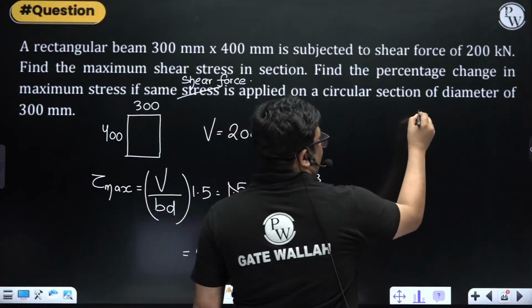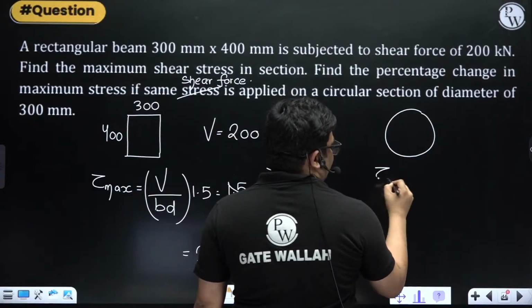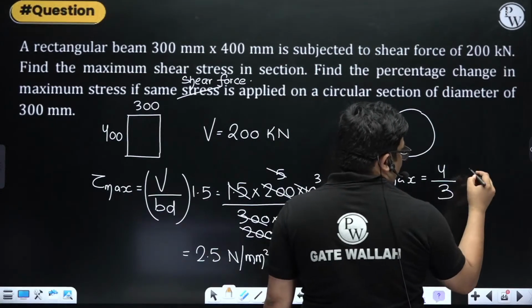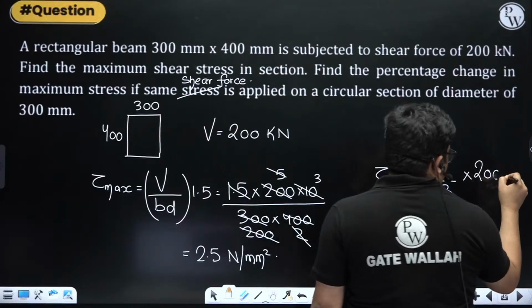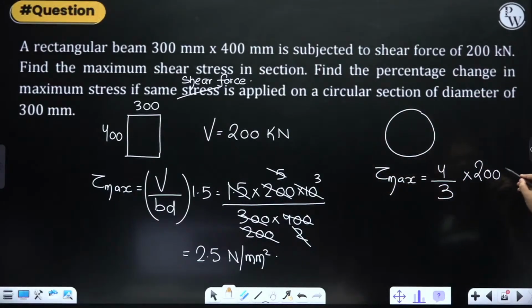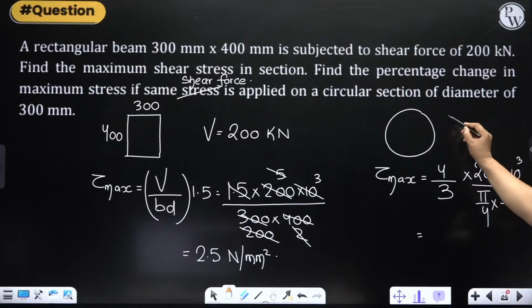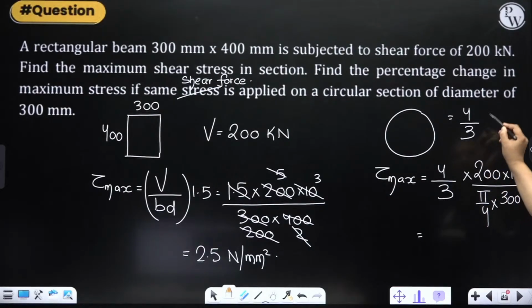Now if you apply the same for a circular section, then the maximum shear stress is what? It is 4/3 times the average. Means 4/3 times the shear force, which is the same, divided by area. Because it is 4/3 times V by pi by 4 d square, the average shear stress.